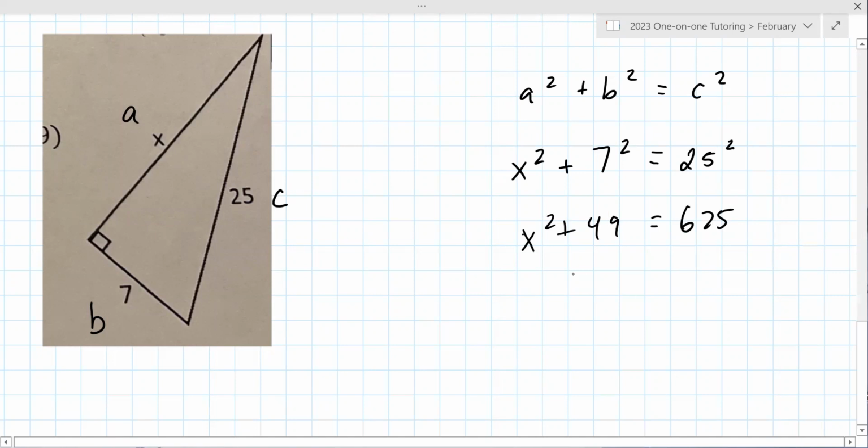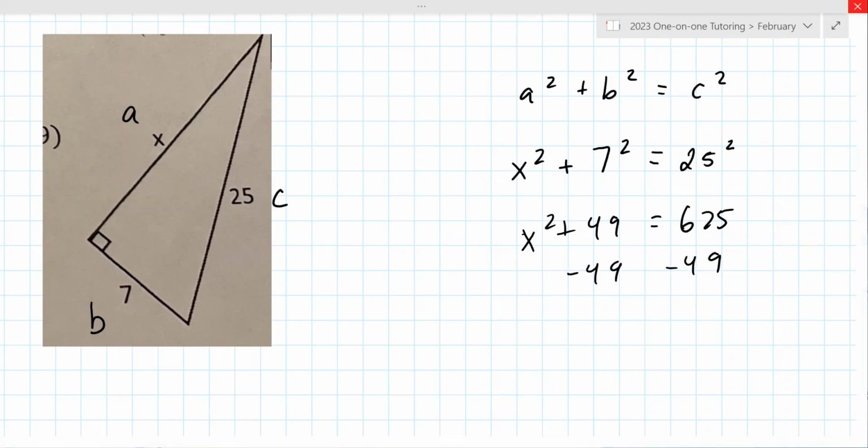Okay, so to solve this, you're going to subtract 49 from both sides of the equation. That's how you do that. Go ahead and tell me the result when you subtract.